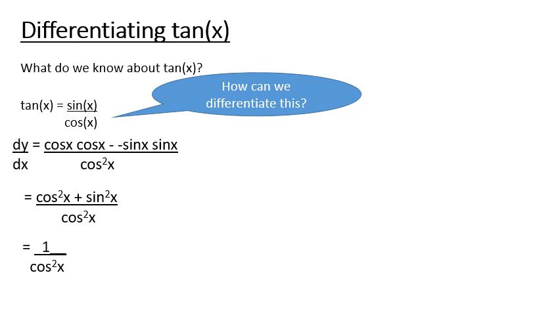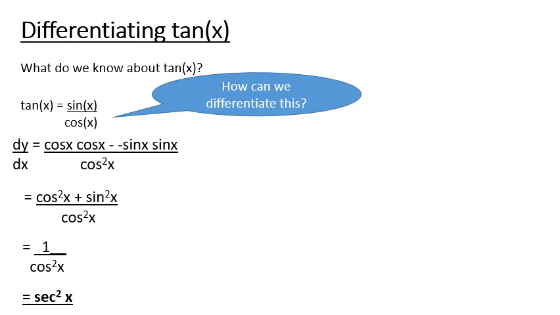Now, that's looking quite simple as it is. So we could potentially leave it like this, but there is another way of writing this because we've given a special name to 1 over cos. This year, when you did the trig booklet, you will have defined a new function as 1 over cos, and the thing that we called 1 over cos was sec.